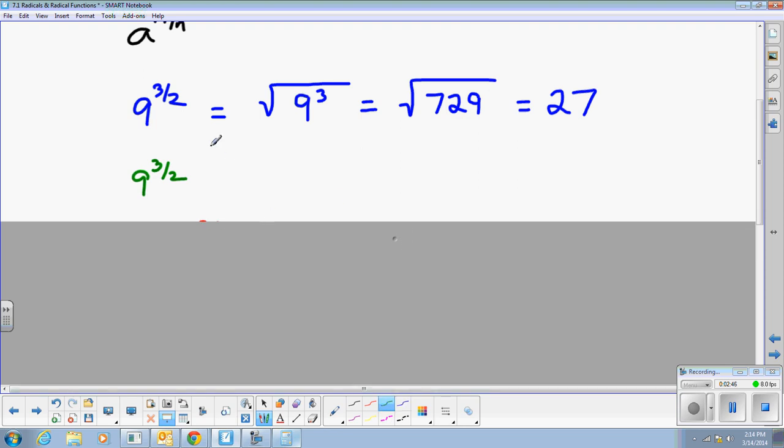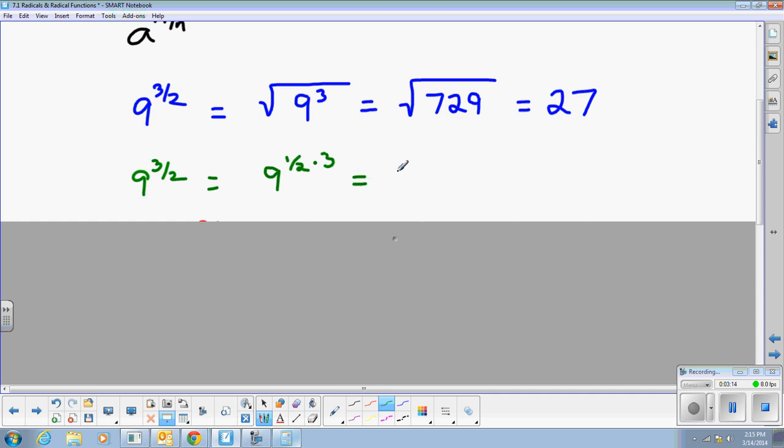There actually happen to be 2 ways that you can deal with problems like this. 9 to the 3/2 power can also be written as 9 to the 1/2 times 3. Because I can now use my exponent rules and say 3/2 is the same as 1/2 times 3. So this is a power raised to a power.